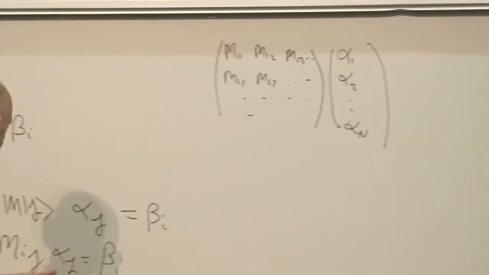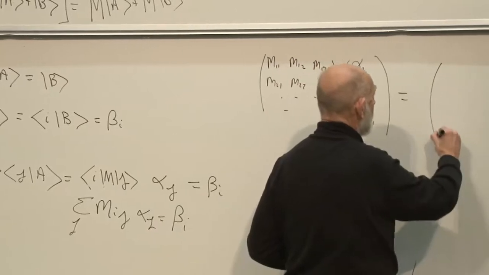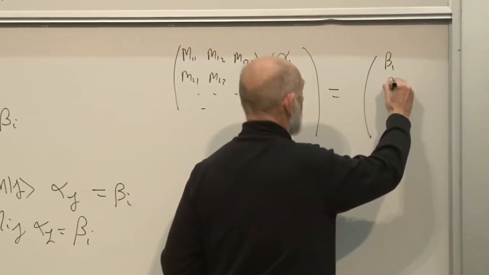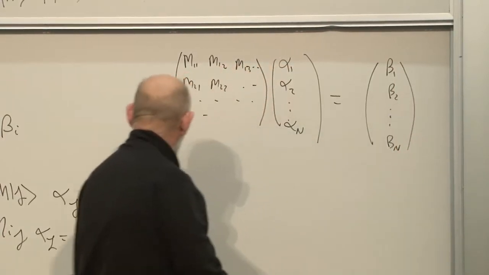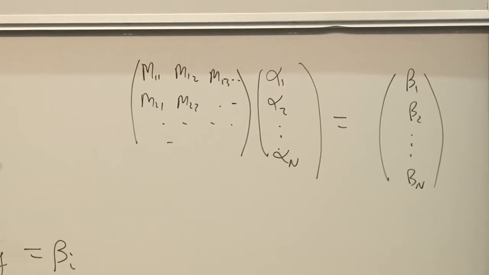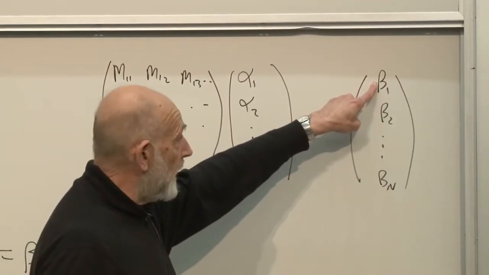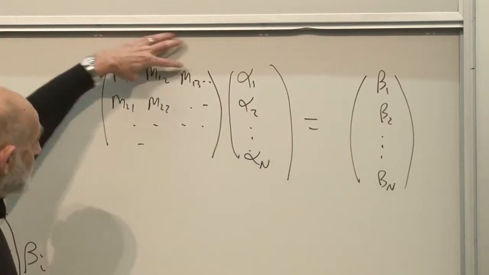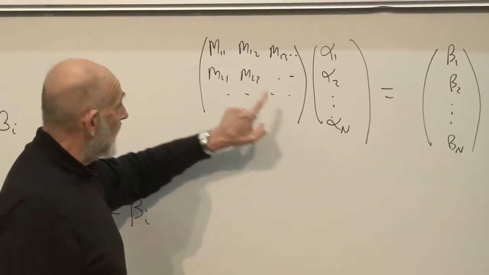And what is the rule? This, of course, is supposed to result in an output which is beta 1, beta 2, dot, dot, beta n. All right, what's the rule that's implied by this equation over here? It's very simple. If you want the first entry over here, you take the first row and you take its inner product with the column here.